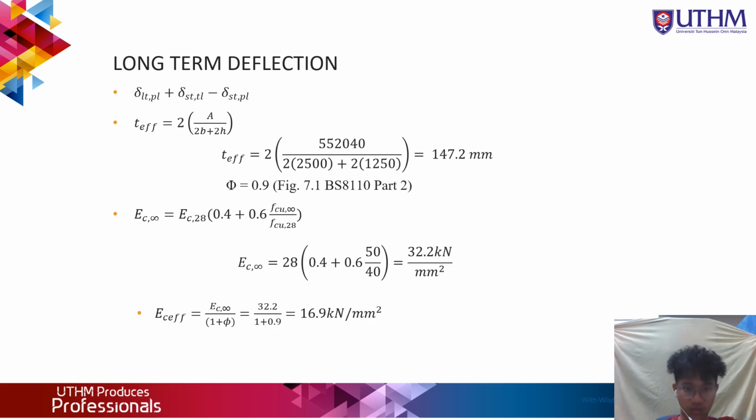Then we can find this value using Figure 7.1 of BS 8110 Part 2. This value will be used to find the effective modulus, and for that we need to find this value first by using this formula.